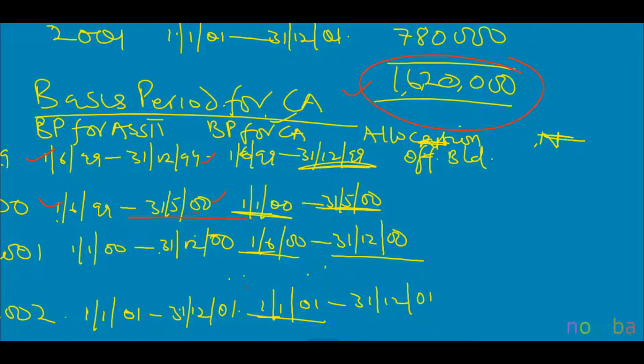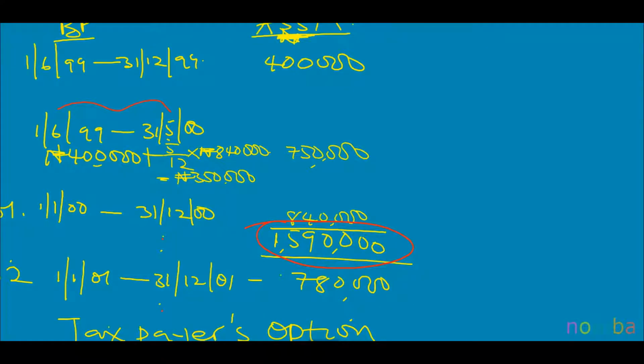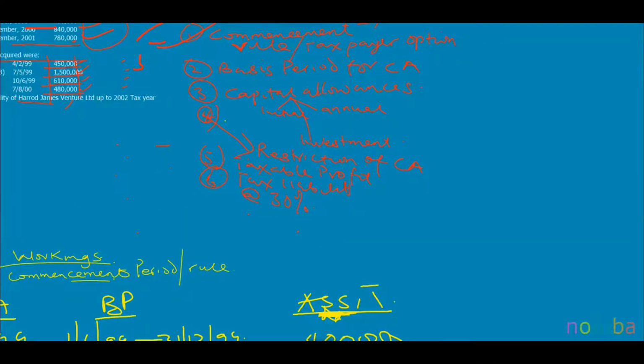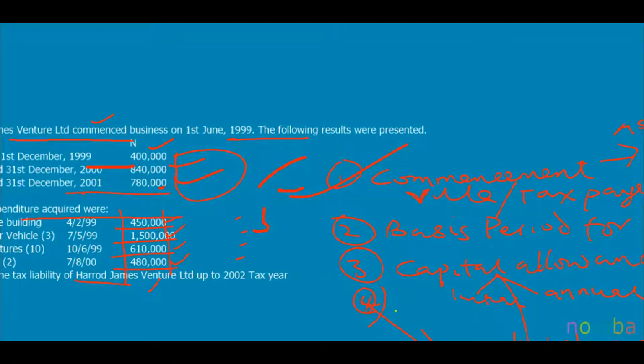How much? The amount should be there in the Naira column. You come down here and pick the amount. You don't assume. You go back to the question at all times to check for the amount. How much? That is 450,000.